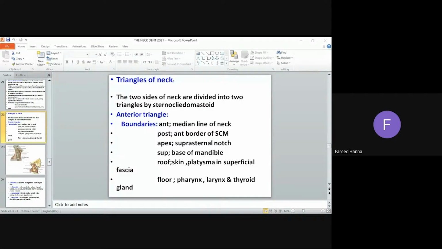Now we will start. Last week we have studied the anatomy of neck, and we have found that the neck is covered from the outside by skin, superficial fascia, and then we have the deep fascia, investing layer of deep cervical fascia. And we have seen that this contains two muscles, sternocleidomastoid. You have the new slide now, 2 pictures in it.